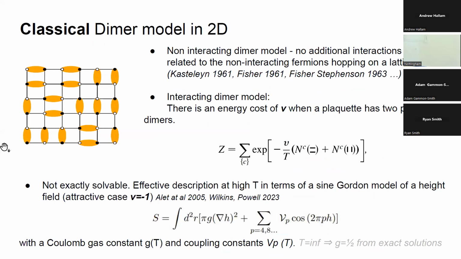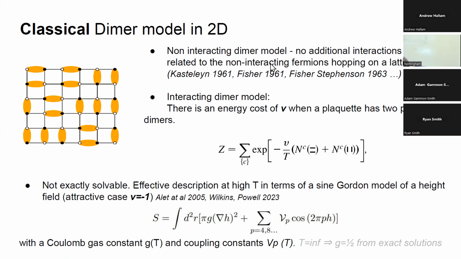Now we'll go to the more specific context of the 2D dimer model. If you have an ensemble of classical dimers with no interactions, by no interactions I mean that the ensemble of dimer configurations is described by the set of all possible allowed configurations where the constraints are satisfied, and these configurations are allowed with equal probability.